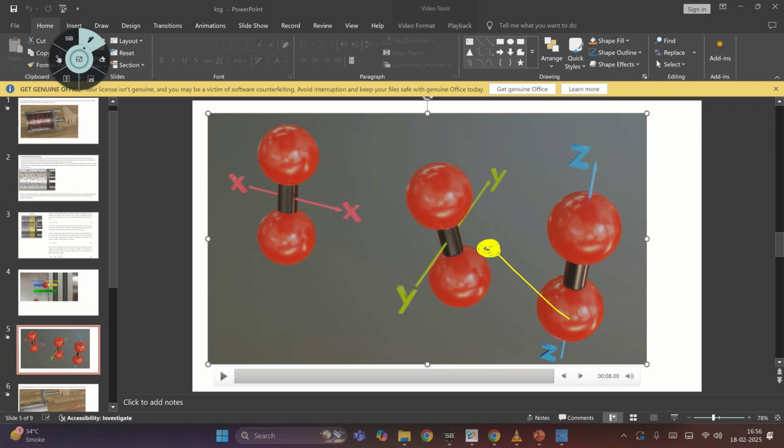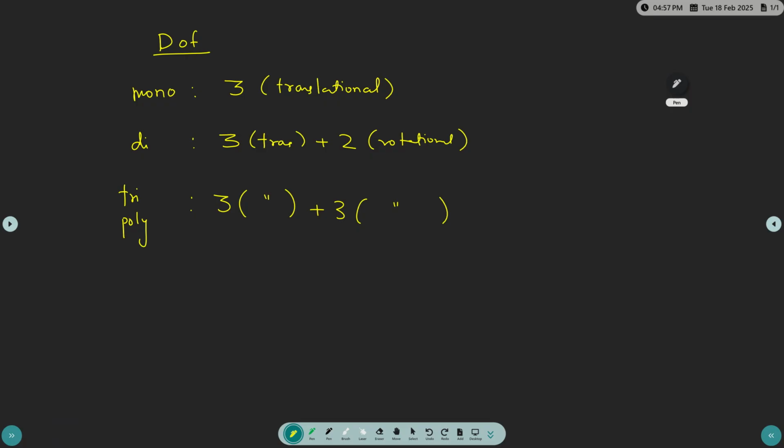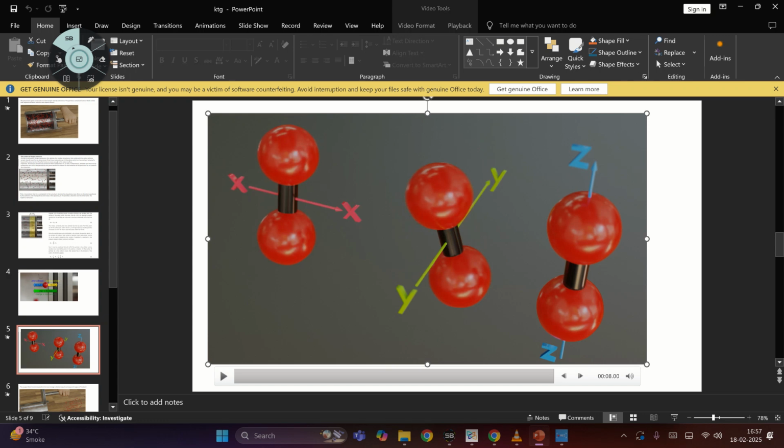Now if you rotate it about this axis, this molecule will have significant rotational inertia because it is far from the axis. These particles are on the axis, this is far from the axis. So this degree of freedom will count. So the number of degrees of freedom of a triatomic molecule is total 6. 3, 5 and 6.